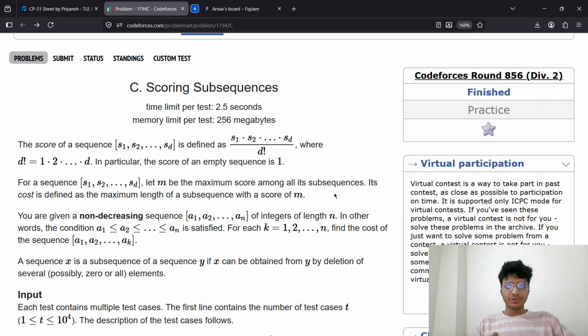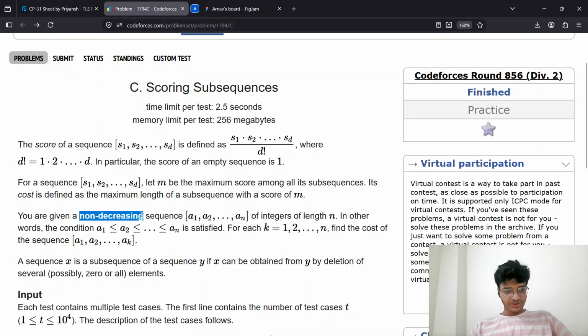The cost defined for that M is the maximum length of such a subsequence. Suppose we have A1, A2, A3, A4, and for A1 and A3 the score is maximum, that is A1 times A3 divided by 2 factorial, and the value is M. Then the cost will be 2, since we have taken 2 elements. That is the maximum length we have to find. This is what we have to do.